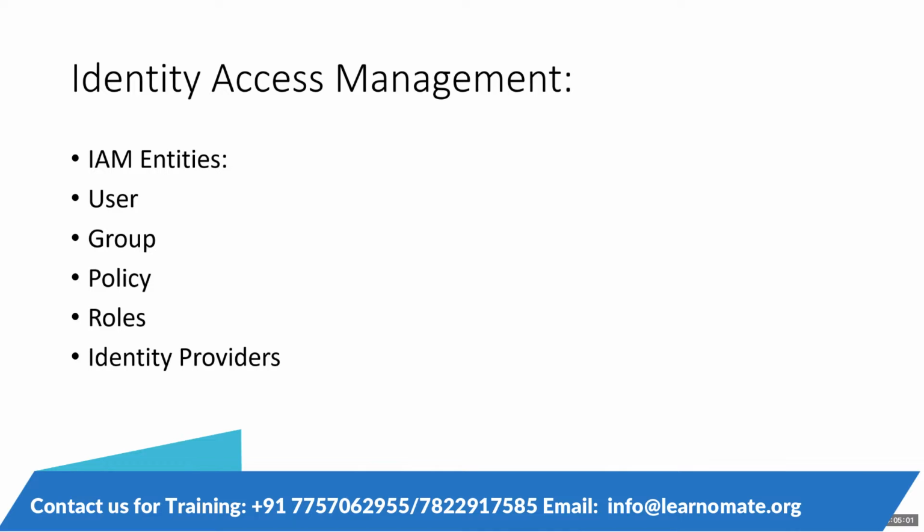You will define that this prod group should have these permissions, so whoever is added into that group will inherit those policies. Similarly, other groups like testing will inherit their policies. Policies define the permissions for different entities like user, group, and roles. Roles are for when you want to give permissions on a temporary basis, not for the long term. Then you can use the roles.